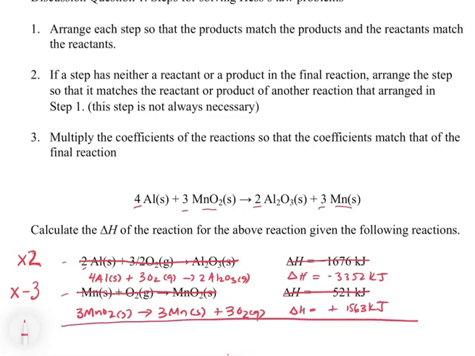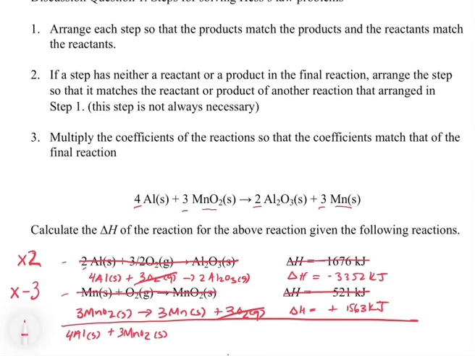So now we can add everything up. Let's make sure that our reaction works out. So I bring the 4 aluminum down, solid. I bring the 3 MnO2 down, because that doesn't cancel out with anything, solid. And I notice here that I have 3 O2 on the left and I have 3 O2 on the right.